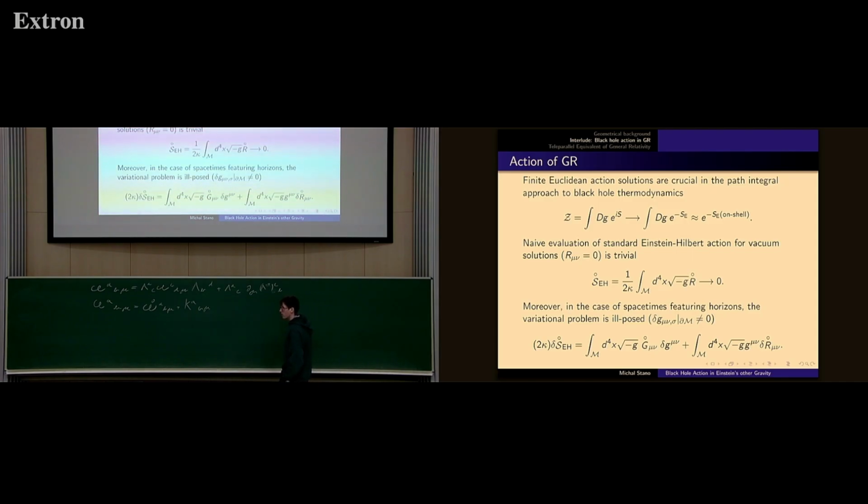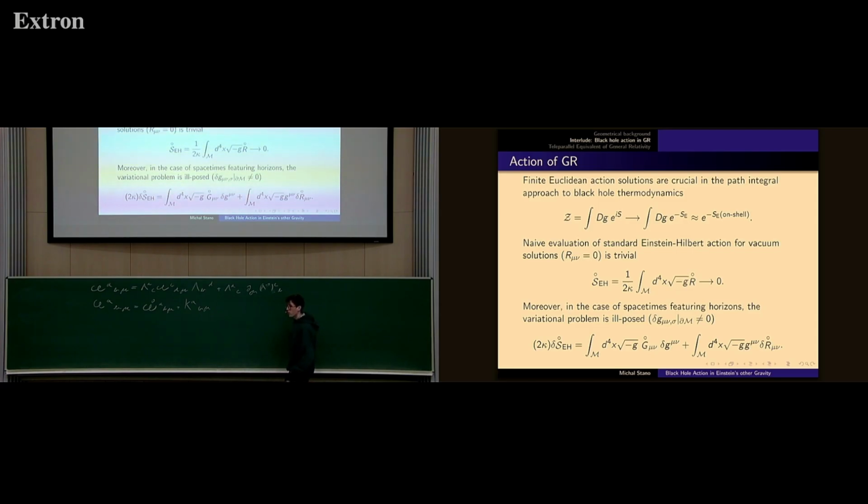As we want to eventually evaluate this path integral, what is usually done is that we undergo a Wick rotation to turn this badly oscillating integral into a, well, let's say a damped integral, which in the semi-classical approximation can be approximated as simply the value of the Euclidean action on shell.